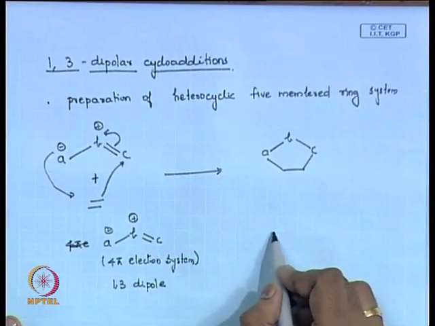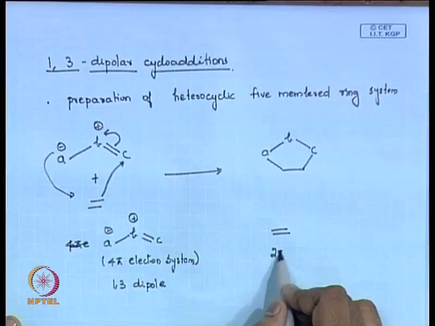And this particular alkene is a 2 pi electron system.